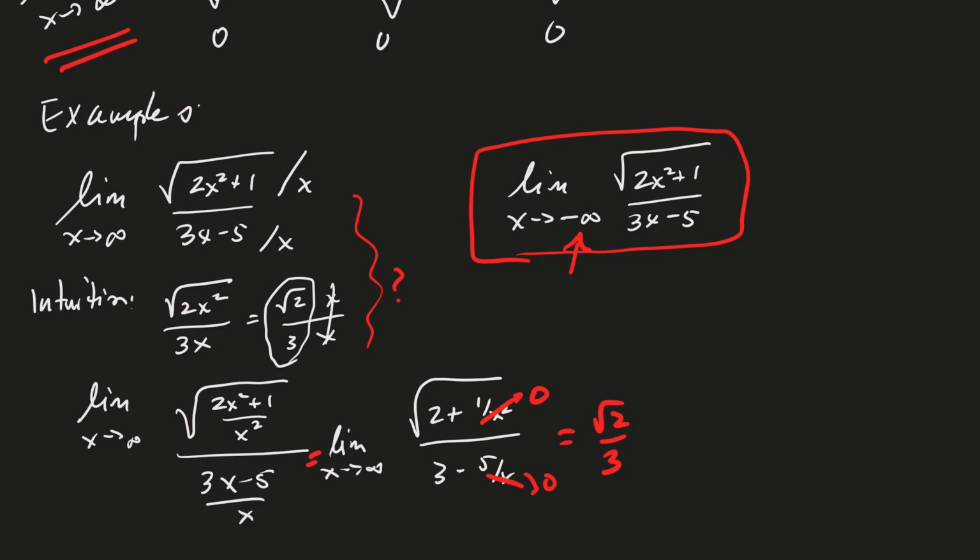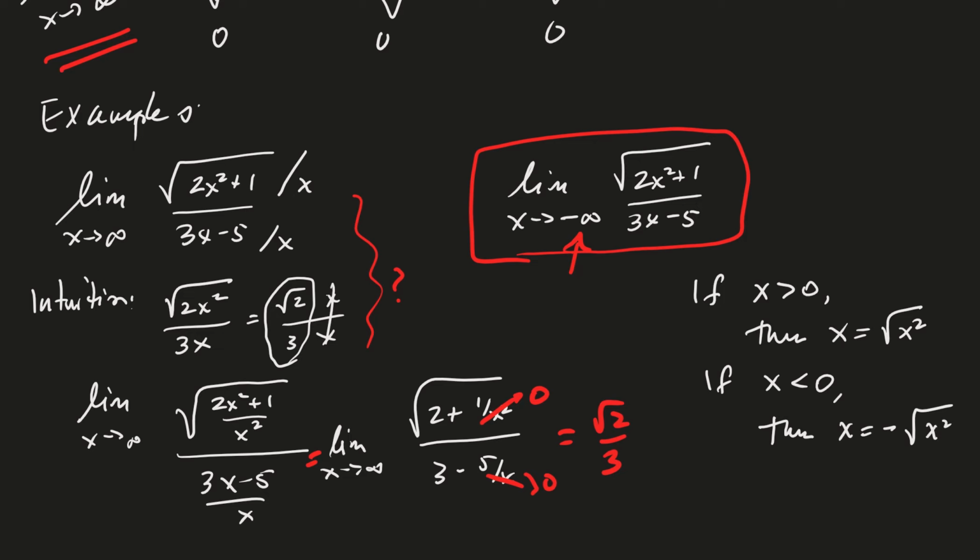Are you ready? Here's the change. If x is greater than 0, then it is true that you can replace x by the square root of x squared. But if x is a negative number, that is no longer the case. Then x is actually minus the square root of x squared.